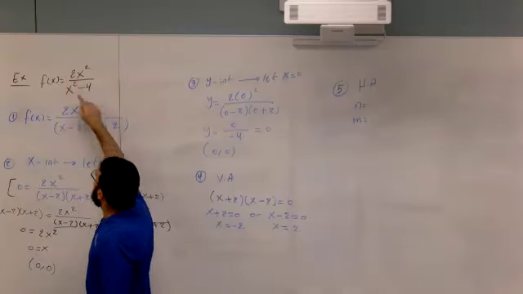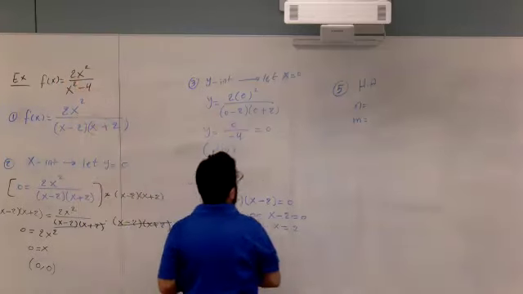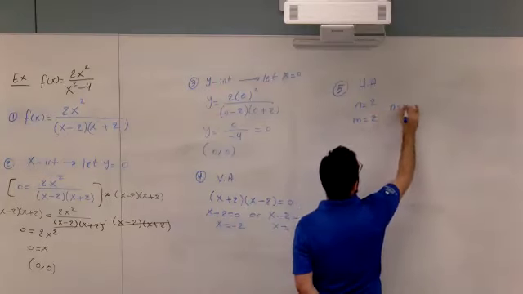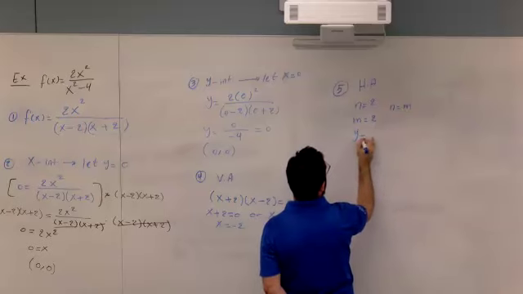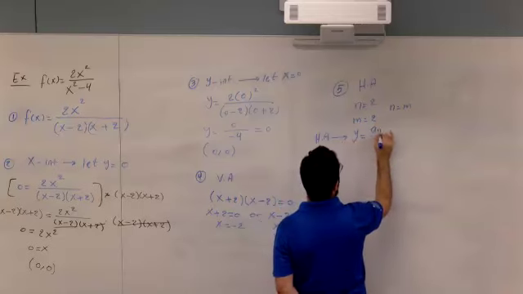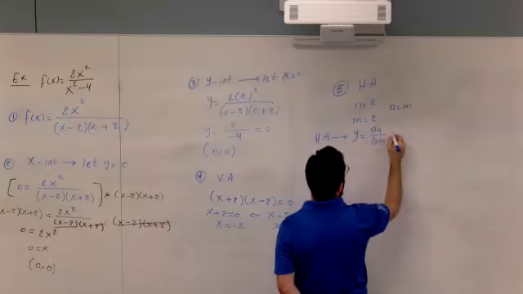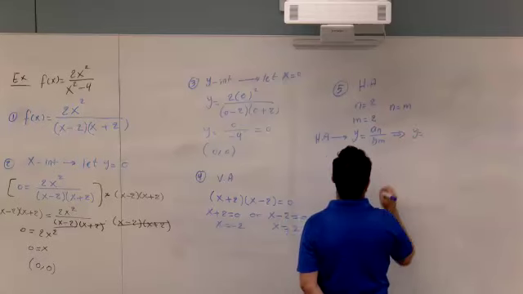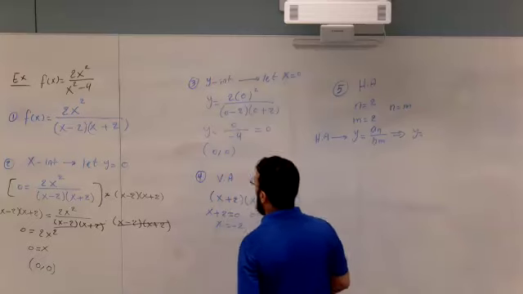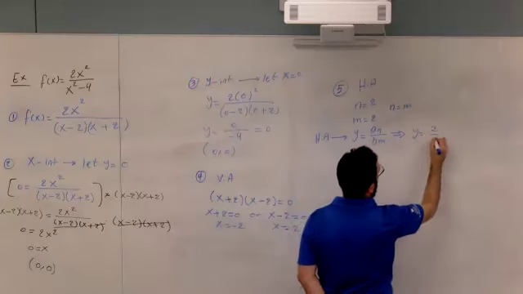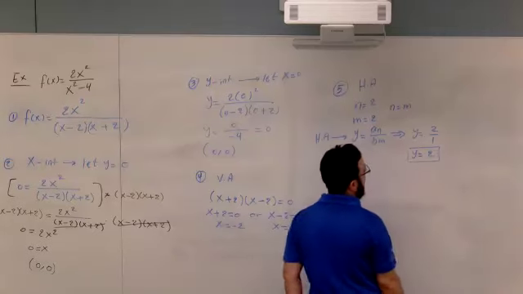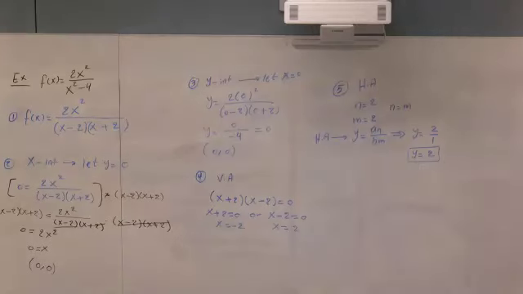This is factored form, 2 and 2. That means n equals m. That means our horizontal asymptote is y equals a_n over b_m, which means y equals 2 over 1, which is y equal to 2. Is that okay so far?